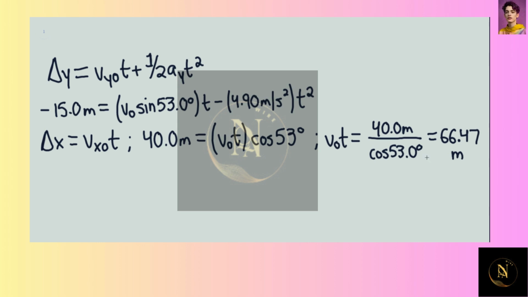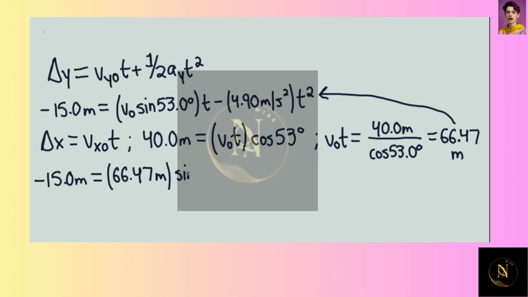We're going to use this value to replace v initial t in the y equation. So once we replace it, we have negative 15.0 meters equaling 66.47 meters multiplied by sine of 53.0 degrees, and then minus again 4.90 meters per second squared times t squared.